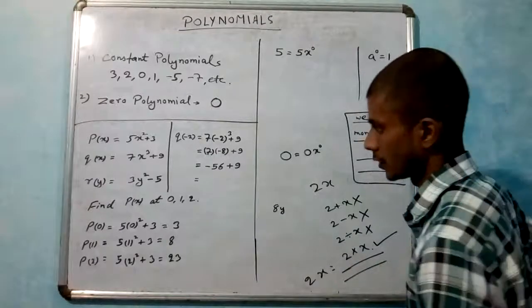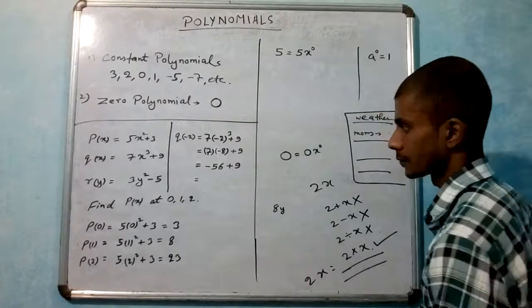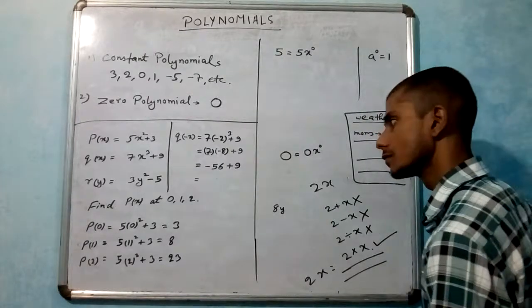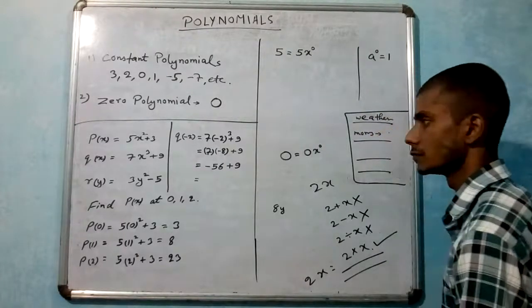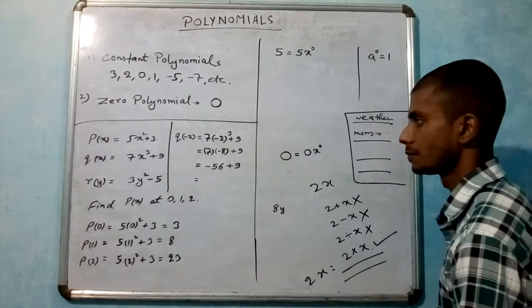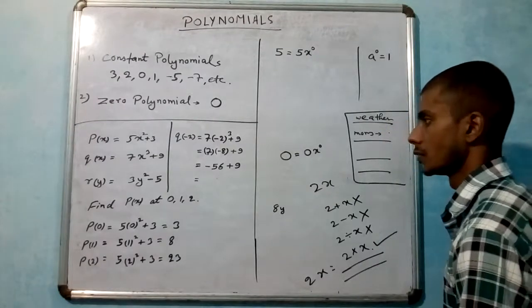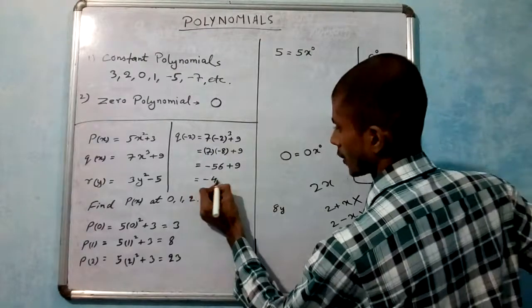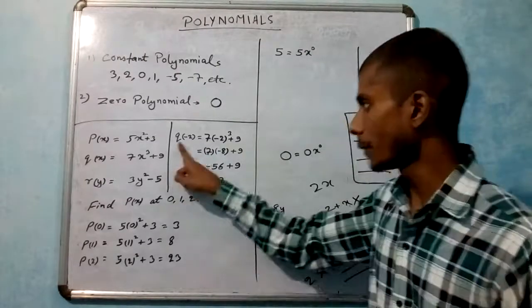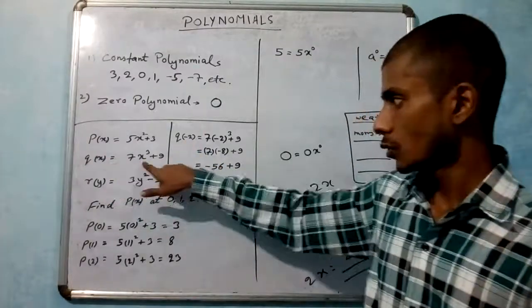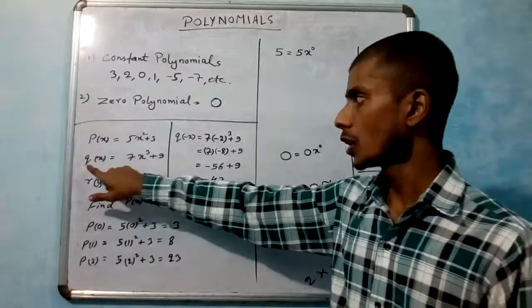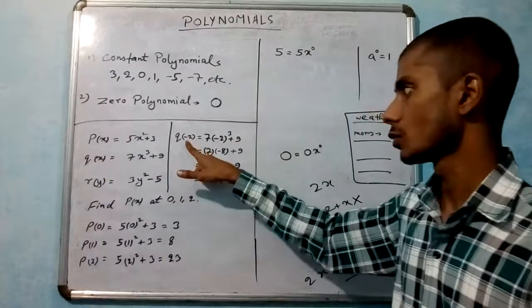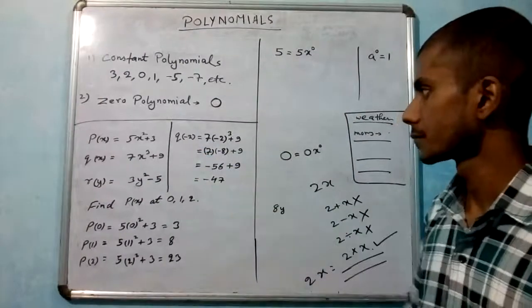Yes, difference. How much difference? Minus 47. Correct. Okay. So we found q of minus 2. Understood, no? Or we can say we have found qx at minus 2. Clear? Understood, no? Easy, not tough?